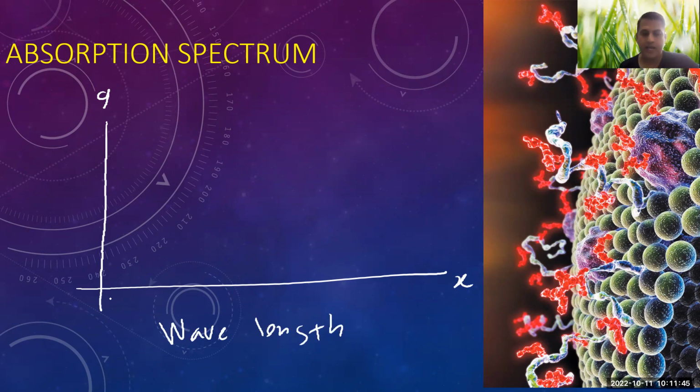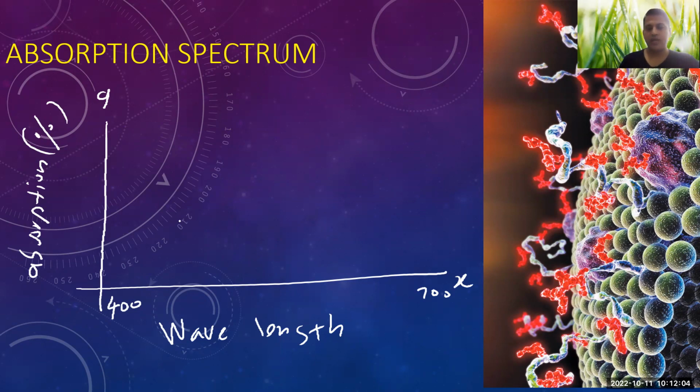Visible light has wavelengths of 400 to 700. On the y-axis, I place absorption, let's say the percentage amount of light absorbed.